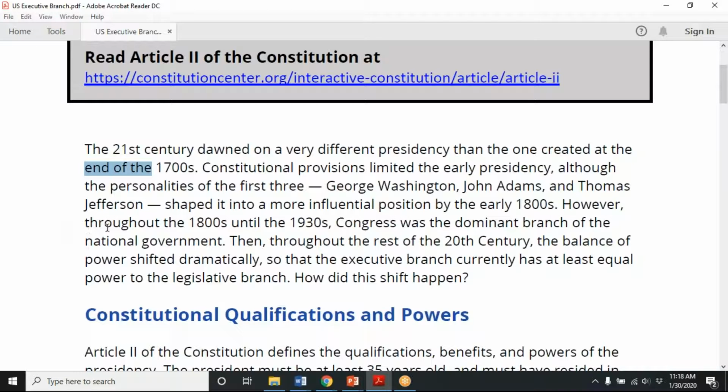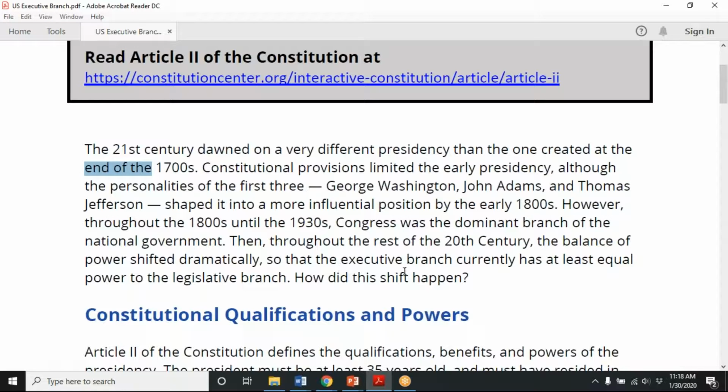However, throughout the 1800s until the 1930s, Congress was the dominant branch of the national government. Then, throughout the rest of the 20th century, the balance of power shifted dramatically so that the executive branch currently has at least equal power to the legislative branch.